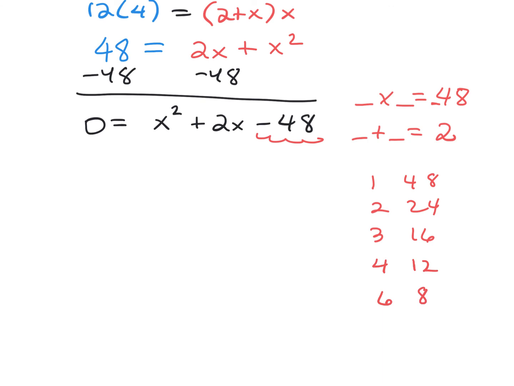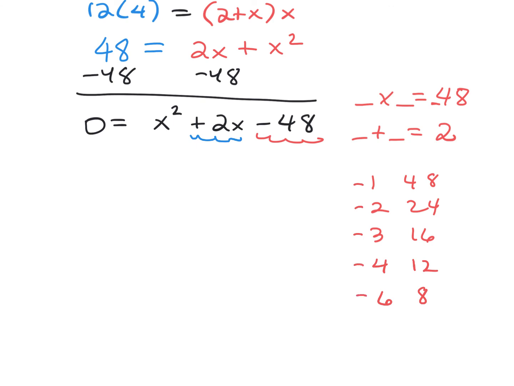Now notice the numbers I was looking for to multiply together needed to make a negative 48. The clue here, and this is all Algebra 1 skills that you should remember how to do, is the sign of the middle term is positive. That sign goes on my bigger factor. So my smaller factor here is going to be the negative.